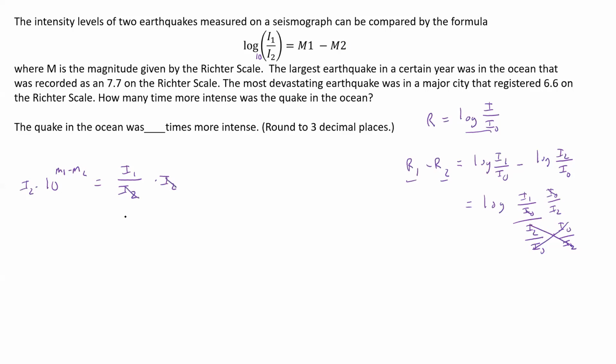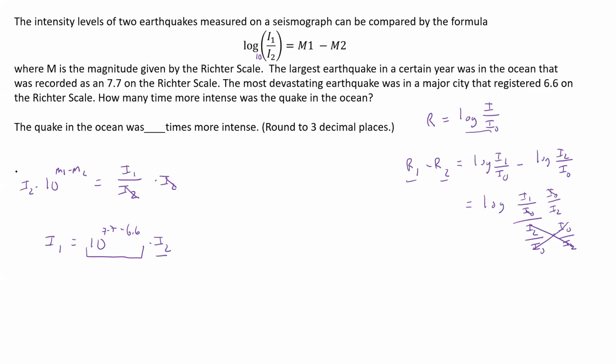Those cancel. So basically we're saying I1 is equal to 10 to the 7.7 minus 6.6 times I2. So it's going to be that many times larger than I2. And that's how this one is going to work.